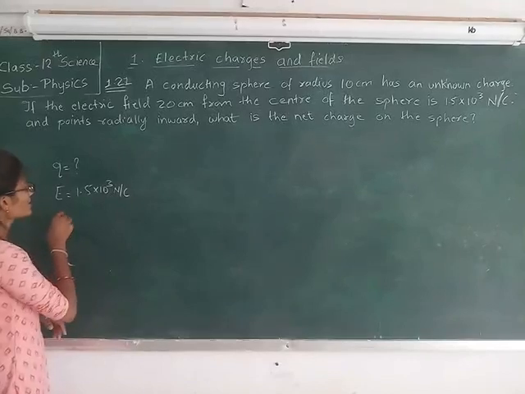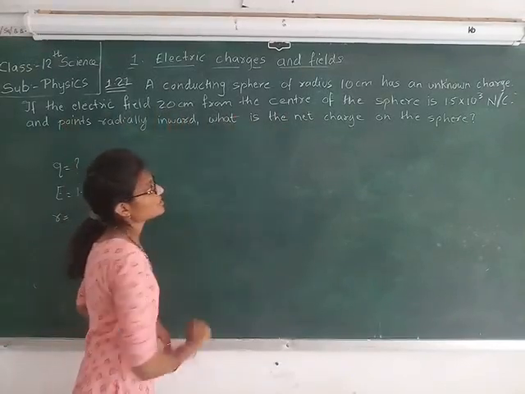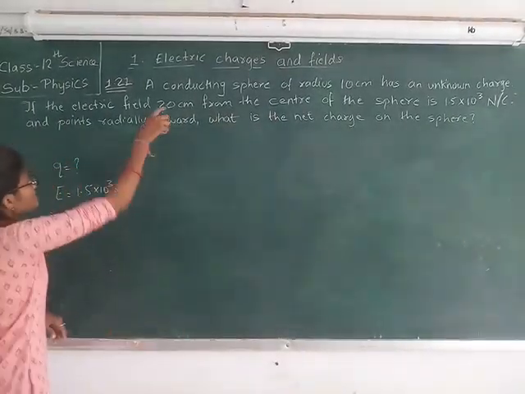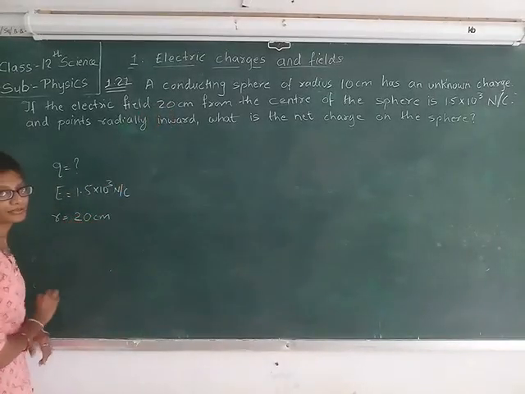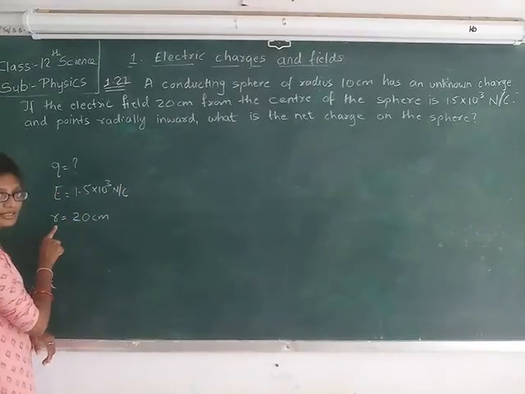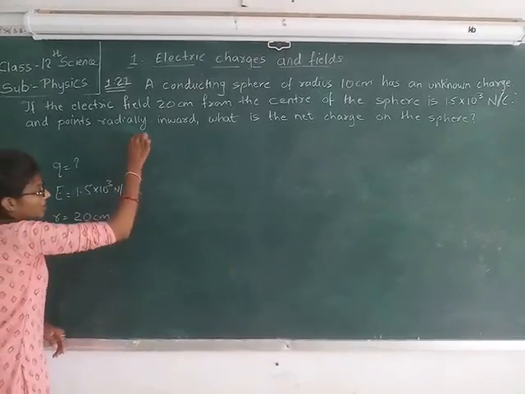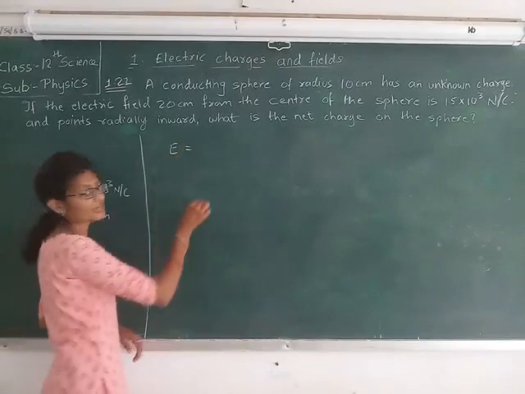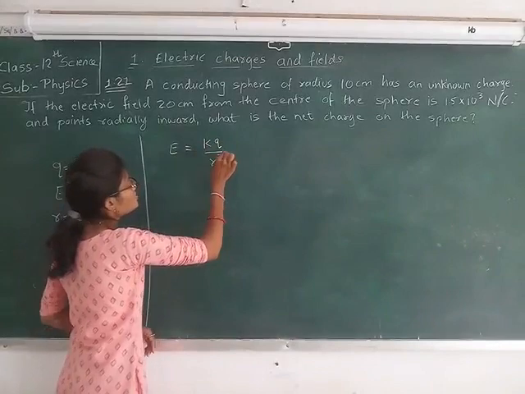What is given: the electric field 20 cm from the center of the sphere is 1.5 into 10 raised to 3 Newton per Coulomb. That means the distance given is 20 cm. So the electric field is given, the distance is given, and the charge we need to find. We know the electric field equals kq upon r square.